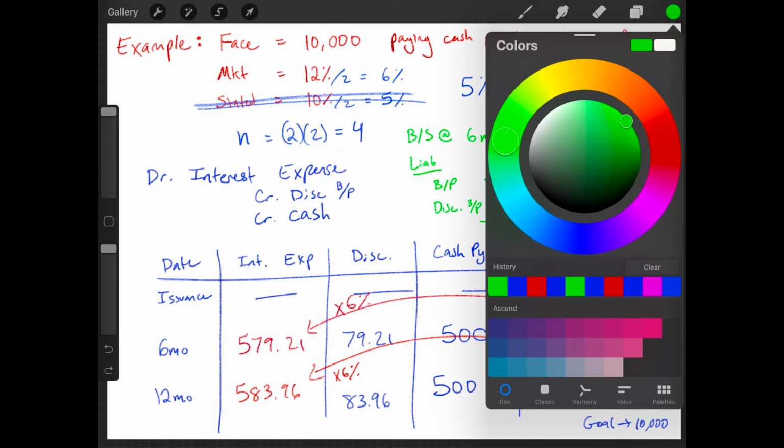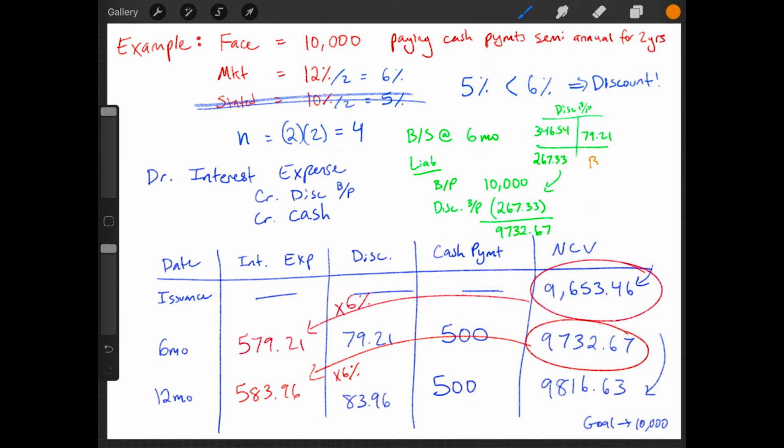So again, up in this right-hand corner, but now in orange, I'm going to show what this would look like on the balance sheet. So now our balance sheet at the 12-month mark, again in the liability section, we'll have a bond payable balance of face, which in this case is $10,000. And then we'll have that contra liability account, that discount on our bond payable, of the balance. To calculate this, we would have that $267.33 amount, and then we would subtract what we had just amortized, which was $83.96 to get the new balance in our discount on our bond payable.